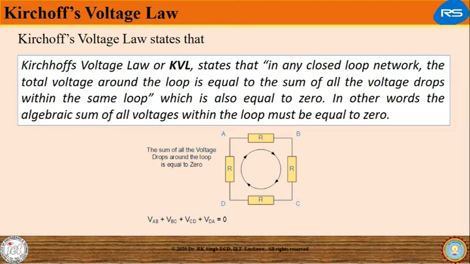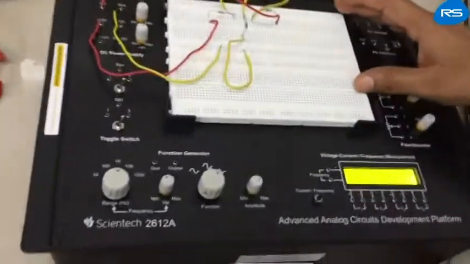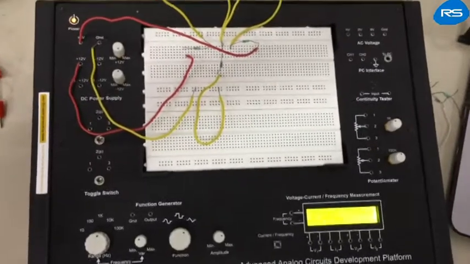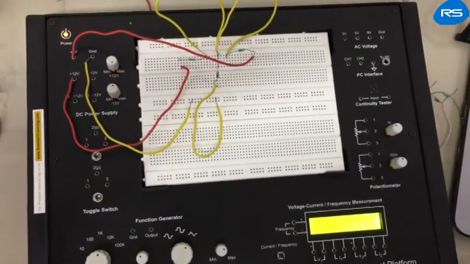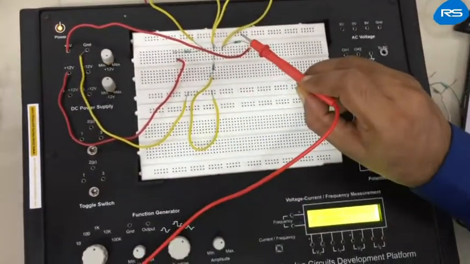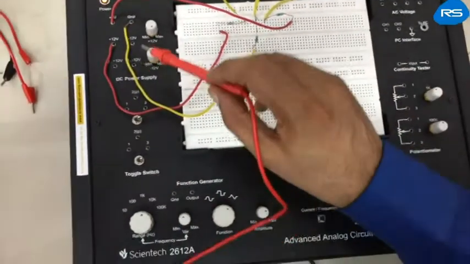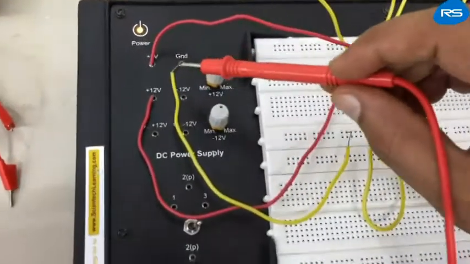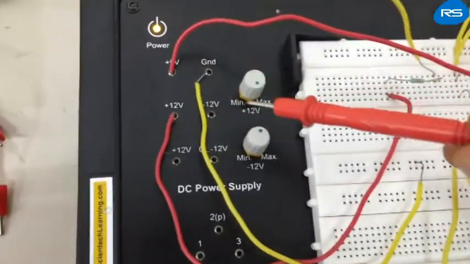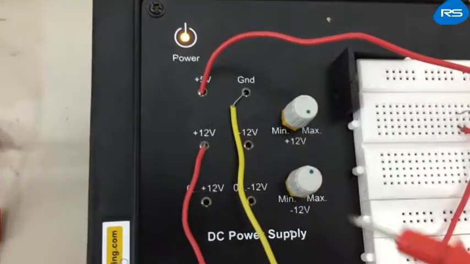Now let us perform verification of Kirchhoff's voltage law on the kit. We have a breadboard. We have taken a simple circuit of a combination of resistances R1, R2 and R3. We have used two voltage sources, that is a plus 12 volt power supply and a plus 5 volt power supply.